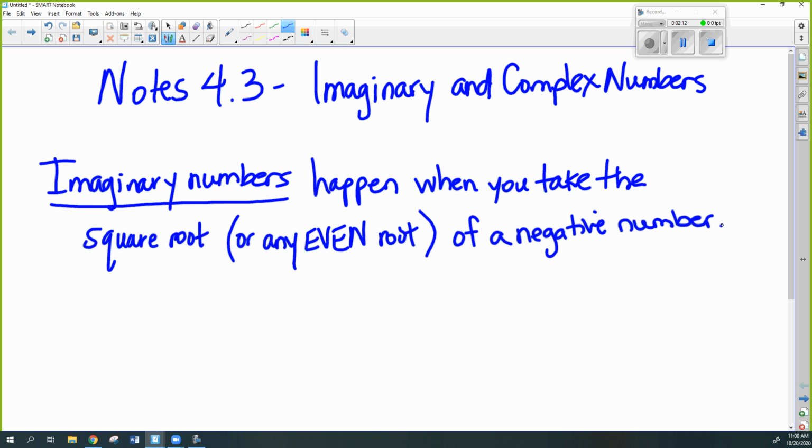All right, now let me talk about why. Do any of you have a calculator handy? Okay, type in the square root of negative 16. Tell me what you get.